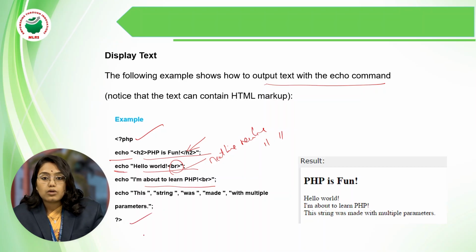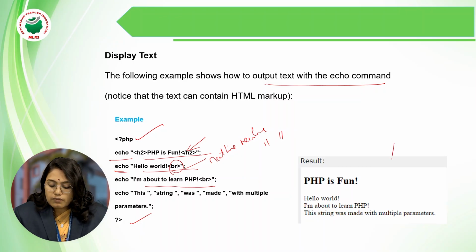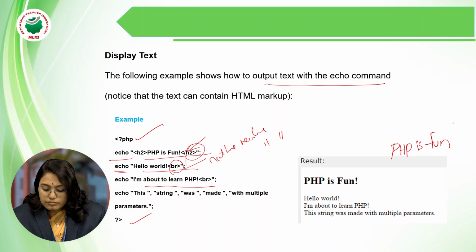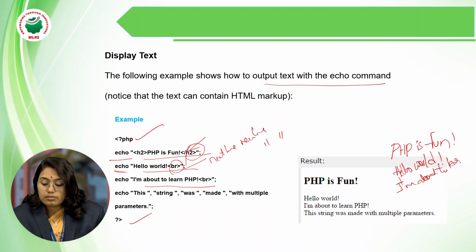Now let's see how these different outputs are given by using echo. See, first it will read PHP is fun, in some bold format, because this is H2. Next it will give directly hello world. Next, I am learning about, because it is all written in an echo statement.